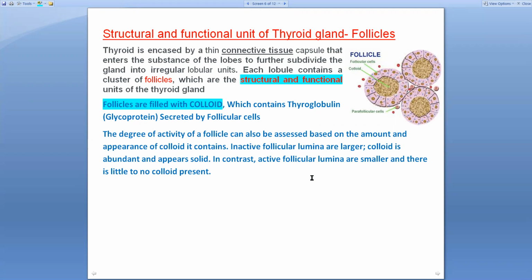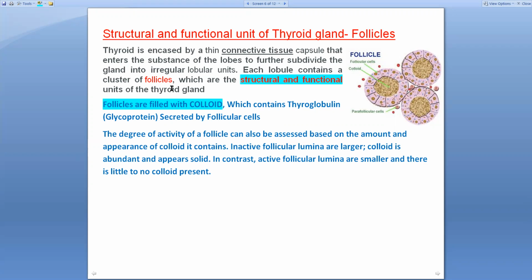One important question which is asked in exams is the functional and the structural unit of thyroid gland. The functional and the structural unit of thyroid gland are follicles, which are made up of follicular cells.